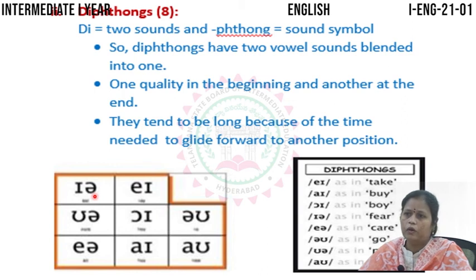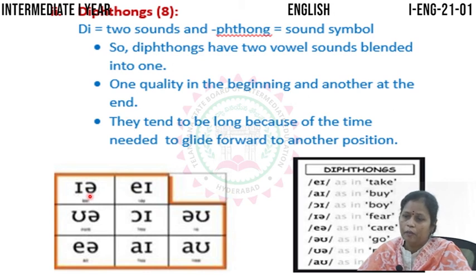Contrary to monophthongs, they tend to be long because of the time needed to glide forward to another position. The time taken to pronounce monophthongs is less compared to diphthongs, because diphthongs have two sounds and gliding from one sound to another takes extra time.